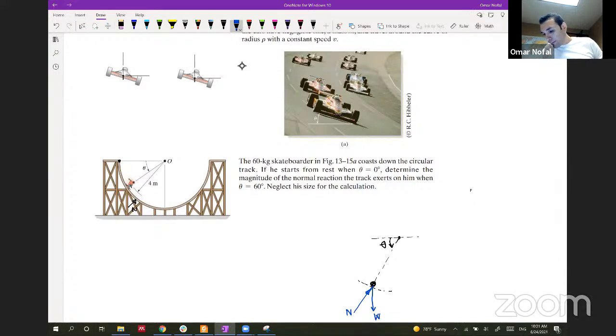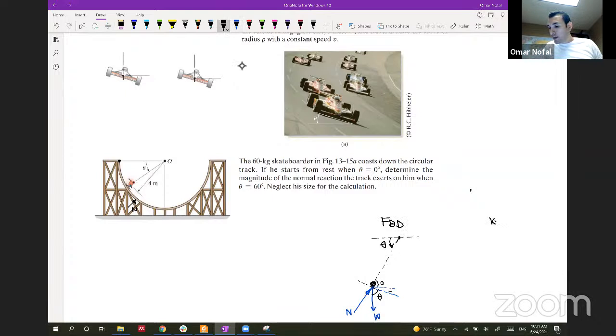And if this is theta, this angle will be theta as well, and this angle will be theta as well. So this is for the free body diagram.